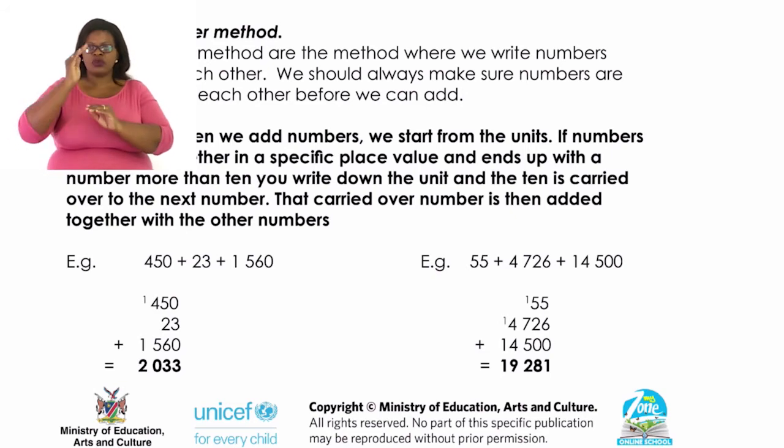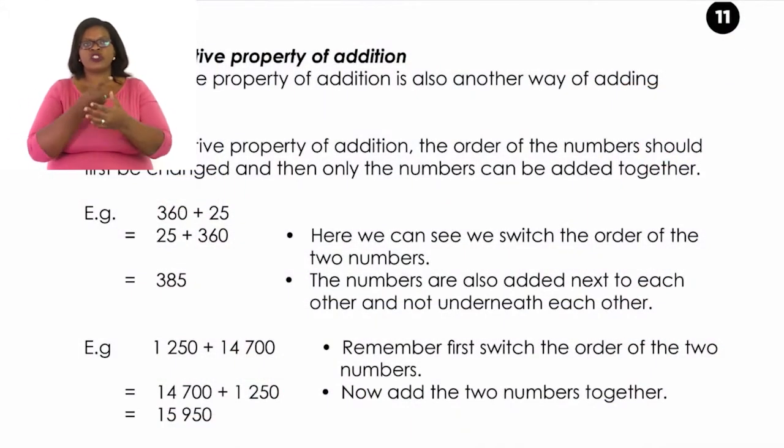Now we continue on to page 11 with another way of adding. And here we have the commutative property of addition. Now let's see, what is the commutative property of addition?